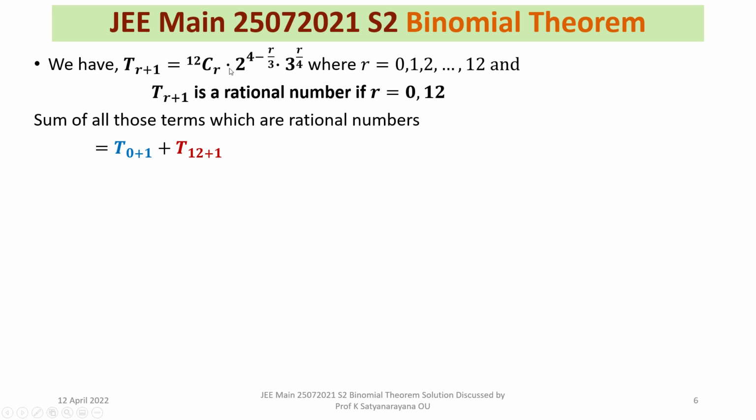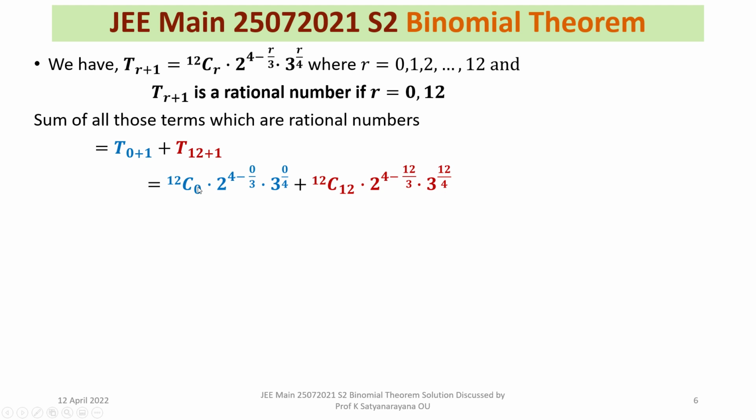So substitute in this r equal to 0 and write down, and r equal to 12 and write down, and that will be 12C0 into 2^(4-0/3) into 3^(0/4), and 12C12 into 2^(4-12/3) into 3^(12/4).